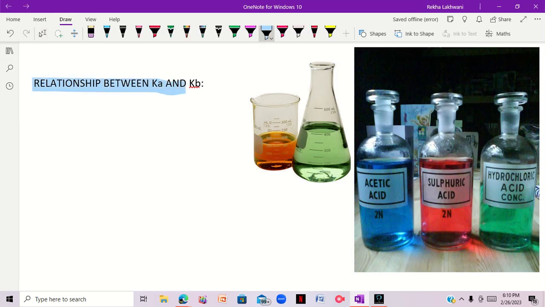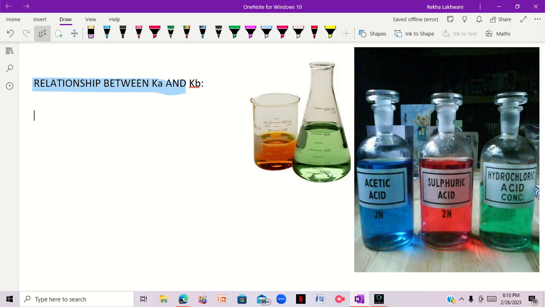Ka and Kb, right? Have you ever wondered why a strong acid always has a weak conjugate base, and a strong base always has a weak conjugate acid? What's the reason behind it?